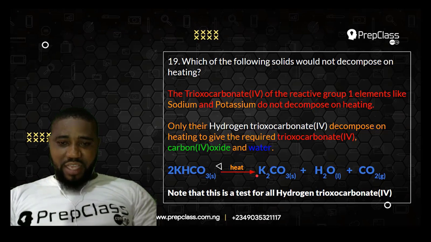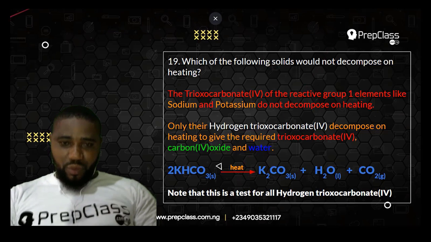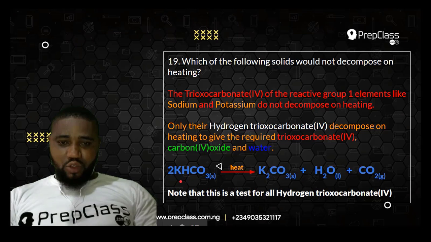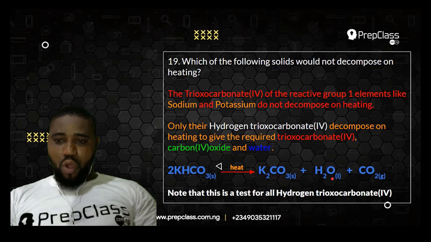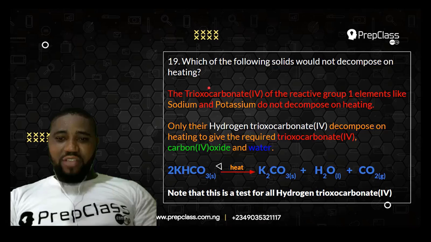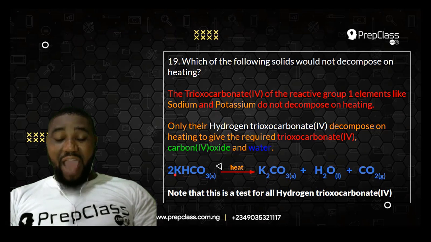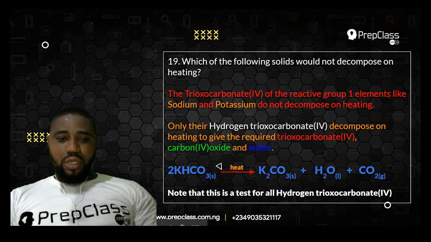So you can see the equation I gave you here. 2KHCO3 will decompose on heat to give the trioxocarbonate(IV), water, and carbon(IV) oxide. The same thing happens with sodium trioxocarbonate(IV). So their trioxocarbonate(IV) will not decompose, but their hydrogen trioxocarbonate(IV) actually decomposes on heating.